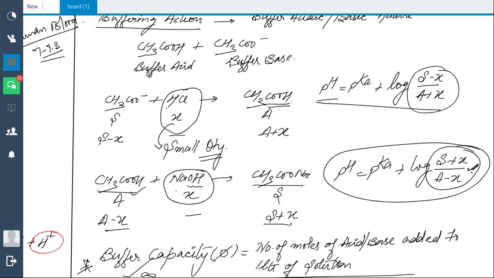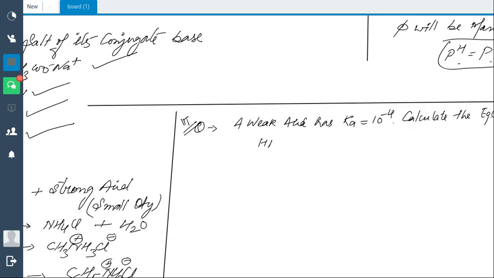Okay. Now let us look at this particular part. See, when you are having a weak acid, let us say weak acid is HA. It is reacting with a strong base BOH and is forming AB plus water. Now what we do is we dissociate or we show the ionic part of the strong electrolyte.